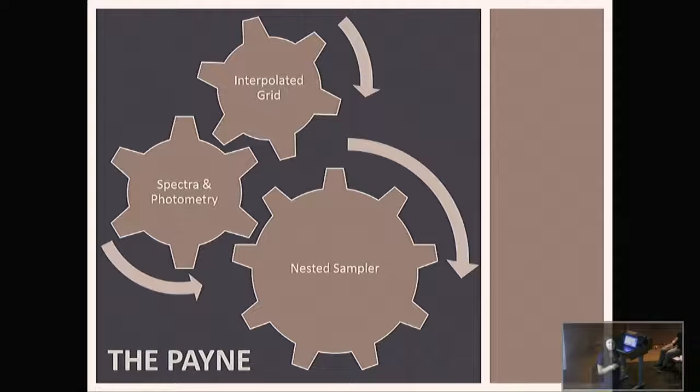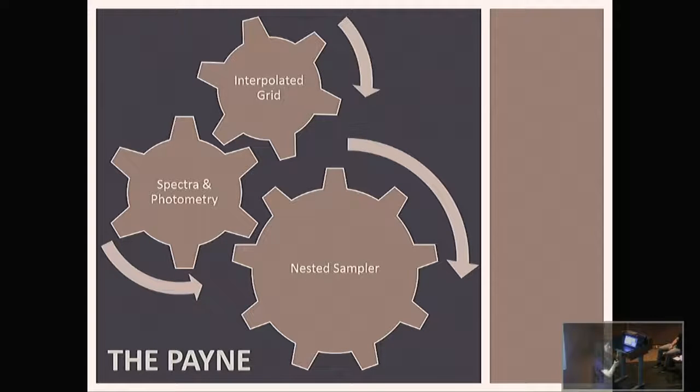And the way that it does that is it takes the spectrophotometry we give it, and it has this interpolated grid. And what the interpolated grid is, it's essentially this grid, for lack of a better word, that for specific parameter values, so for example, one value of temperature, surface gravity, radial velocity, it'll create a spectrum of a star.